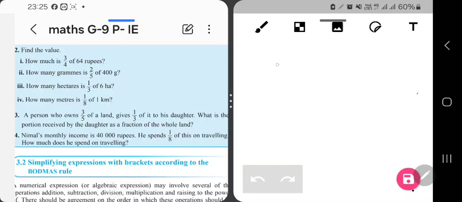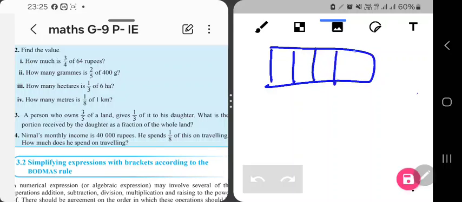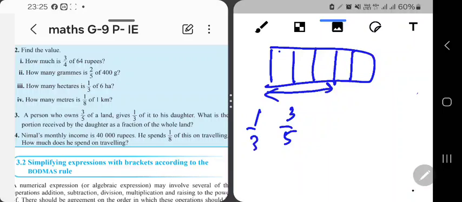So he owns this part, 3 over 5, and now he is giving 1/3 of this 3 over 5.